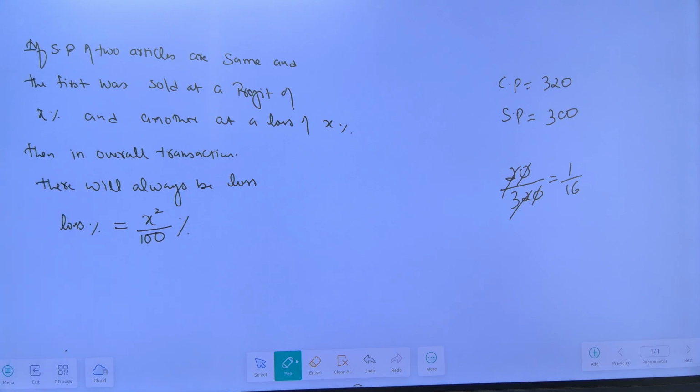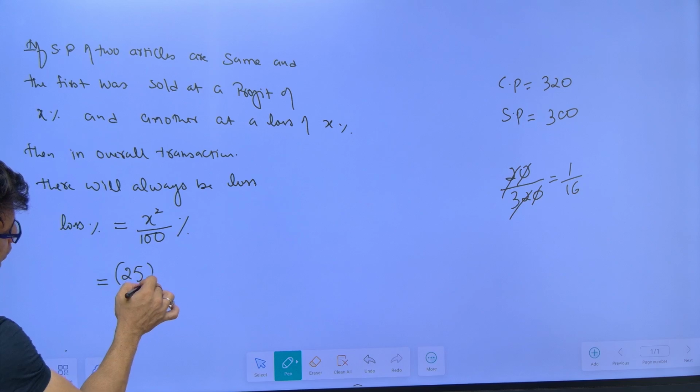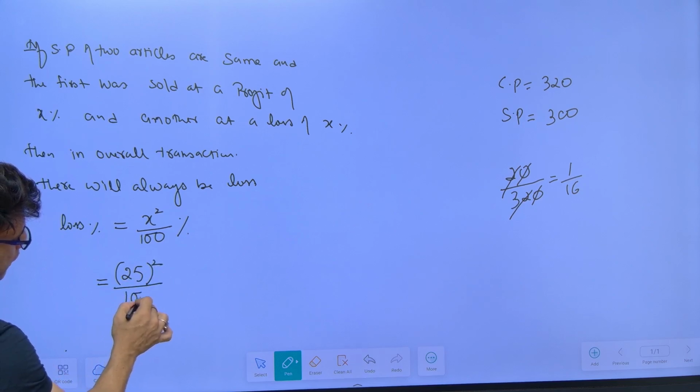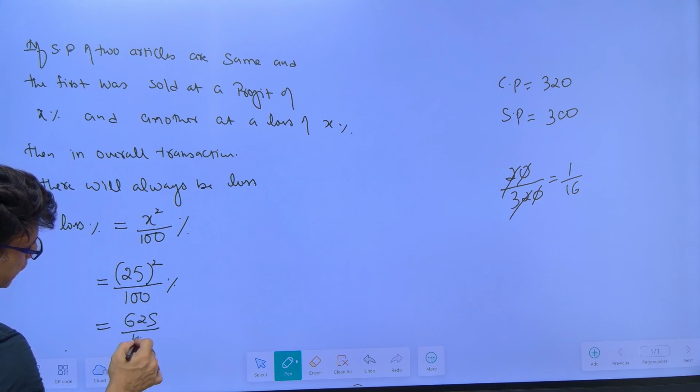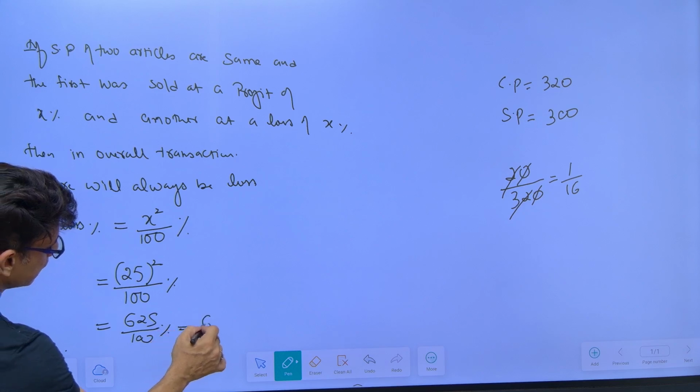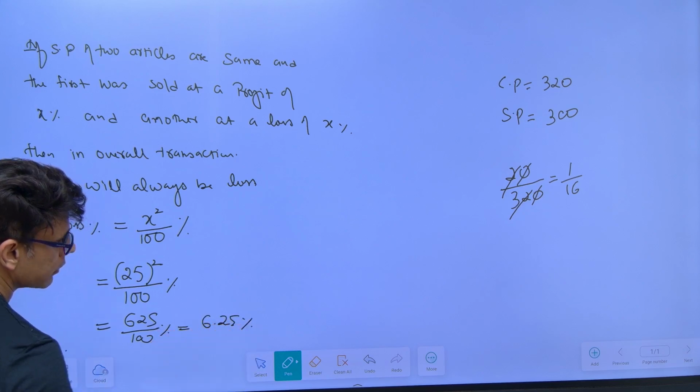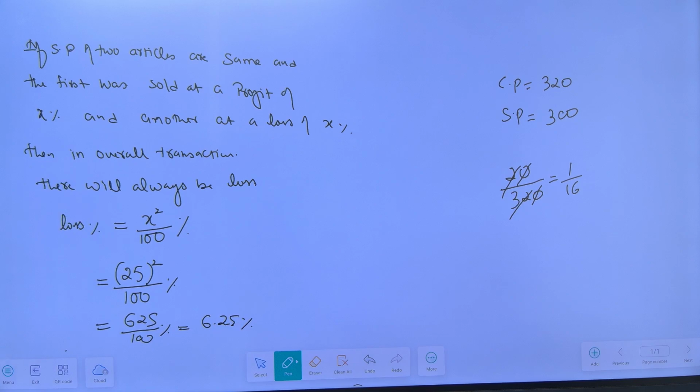What is X equal to in previous question? 25. 25 square upon 100 percentage. 625 upon 100 percentage. 6.25 percentage. There also we got 6.25. Here directly formula we are using. You should know the formula also, because sometimes they'll say 33.33. There you have to use percentage fraction.